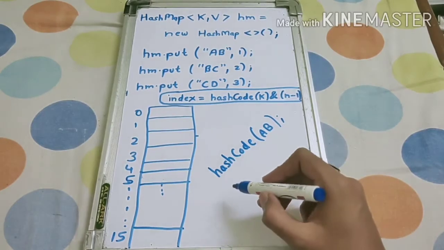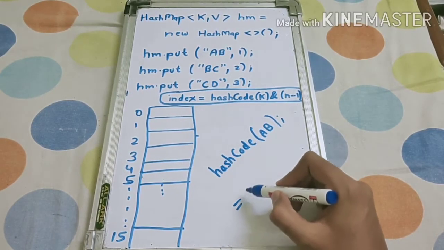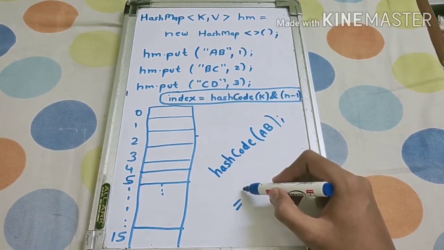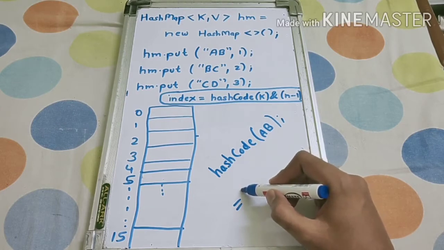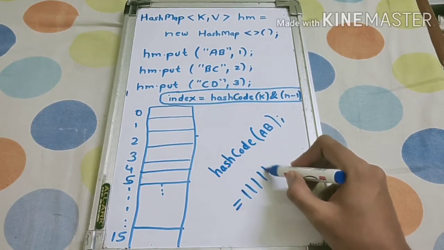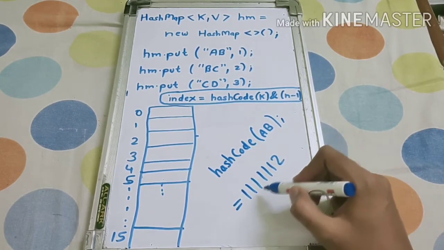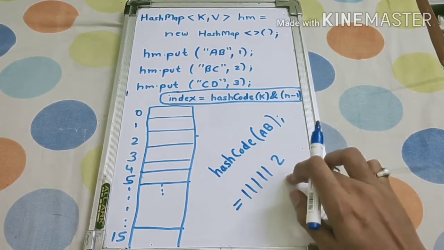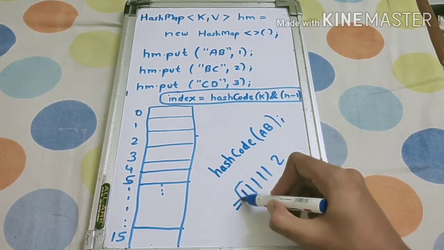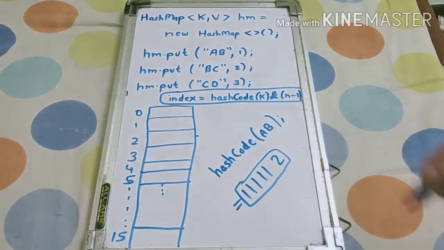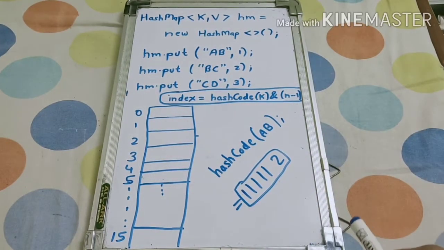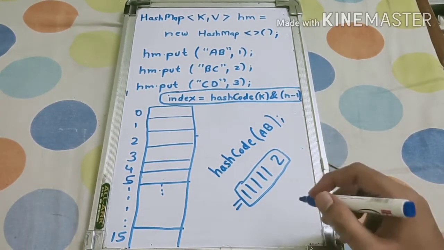For example, let's assume it returns 1112. If we create an array of this size, obviously we will get an out of memory exception, and it is not a good idea to create an array of such huge size.